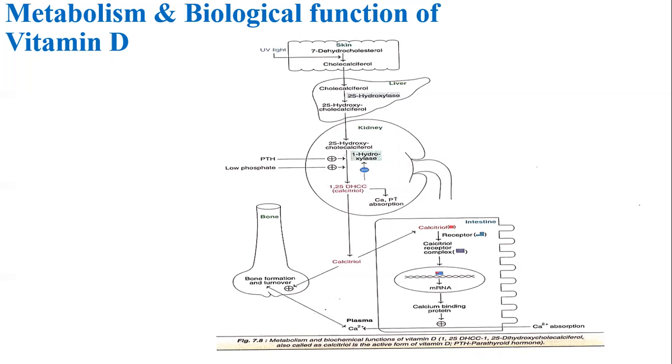The calcitriol receptors are present inside the intestinal cells. After calcitriol binds to its receptor, they form a complex known as the calcitriol receptor complex. After the complex is made, it binds the genome of the cells. After binding the genome, it starts transcription and forms messenger RNA.